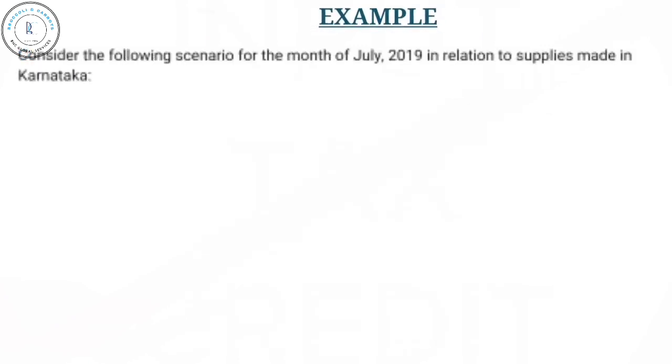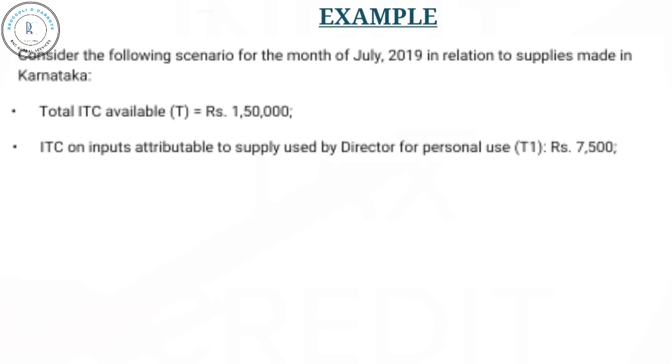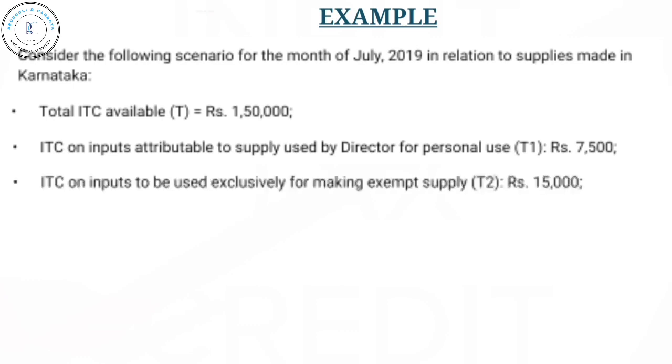Example. Consider the following scenario, for the month of July 2019, in relation to supplies made in Karnataka. Total ITC available, T, equals 150,000 rupees. ITC on inputs attributable to supply used by director for personal use, T1: 7,500 rupees. ITC on inputs to be used exclusively for making exempt supply, T2: 15,000 rupees.